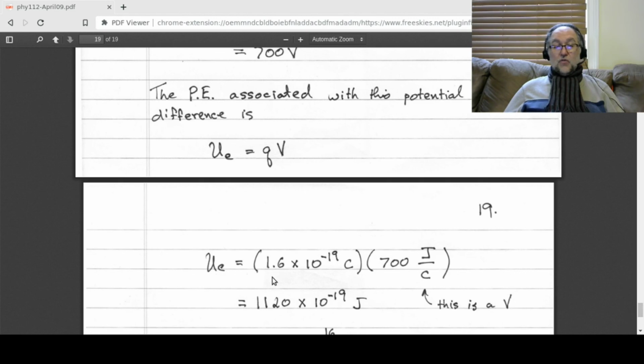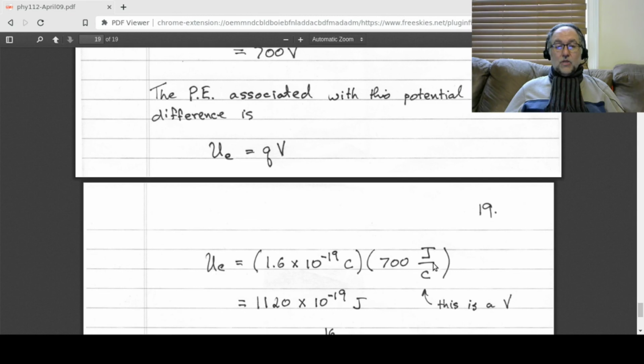Okay, and so we have that Q, this is the charge of one electron, is 1.6 times 10 to the minus 19 coulombs. Again, I'm not worried about the negative sign, because the negative sign is really all about the direction, and we've already taken care of the direction. We've analyzed that already. So it's just going to be 1.6 times 10 to the minus 19 coulombs. And the voltage here, the potential difference between where the electron starts and where it ends, is 700 volts.